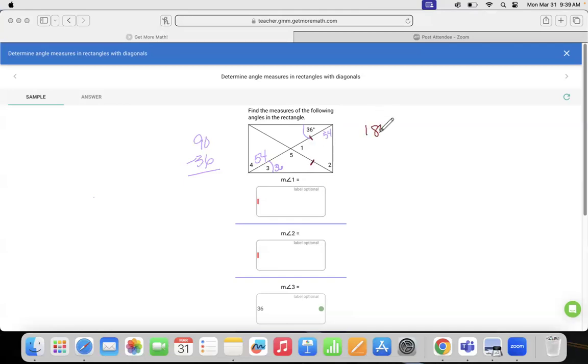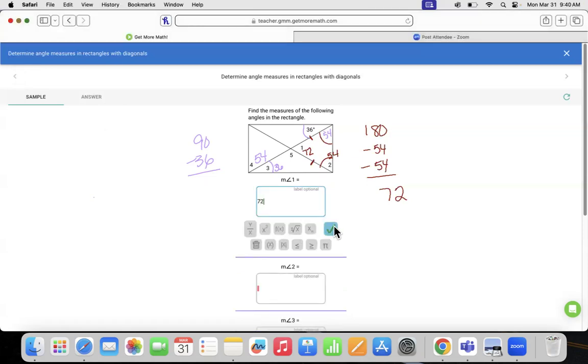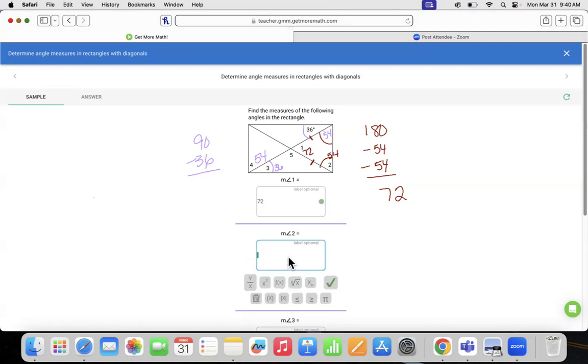So that means I have 180. If this is 54, this is also 54. So we're going to take away 54 twice. And that should get us 180 minus 54 is 72. So that tells us right here, this is 54, this is 72. Let's double check that. So we're saying this is 72 and angle 2 is 54.